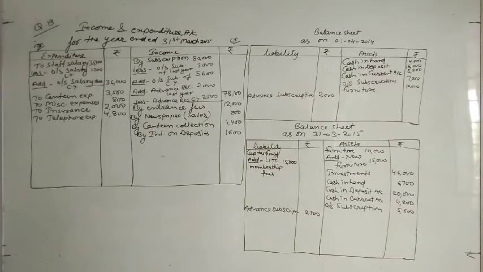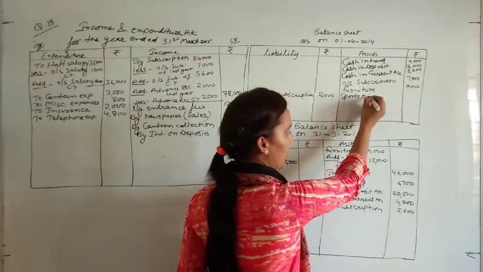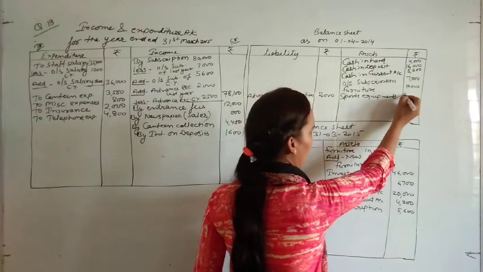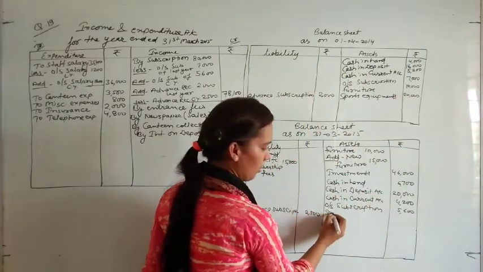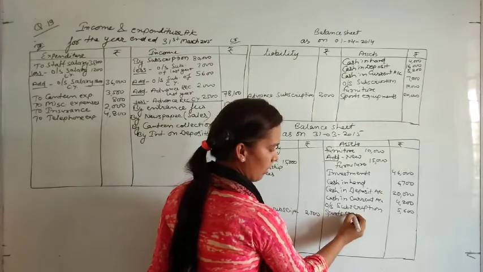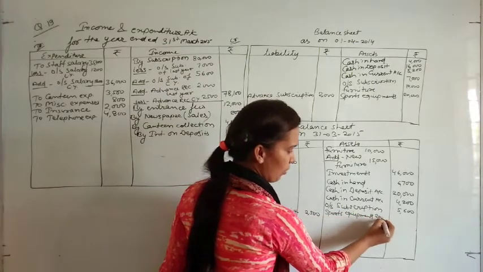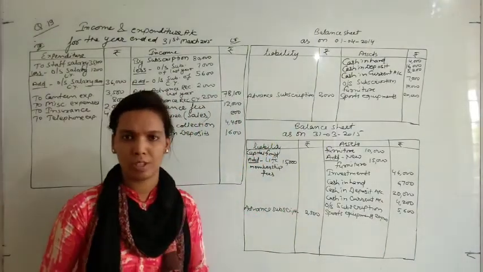So the same point we will write in the opening balance sheet, sports equipments 20,000, and the same 20,000 will be written here, sports equipments. I am writing the sports equipments amount in the inner column because there was a depreciation also on this amount.